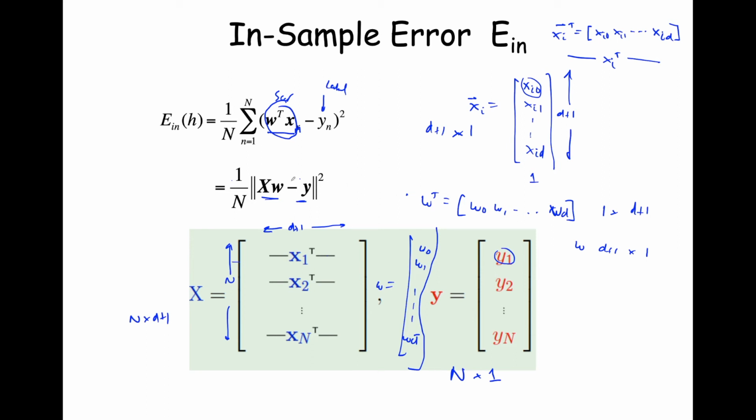Now, of course, I take the norm, get rid of the square root part of the norm, and this is my expression for my in-sample error. I multiply by this 1 upon n, and that's taking the average. And so in-sample error, then, is the average squared error loss, that difference between the score, W transpose X for each augmented feature vector, and the ground truth real valued label.